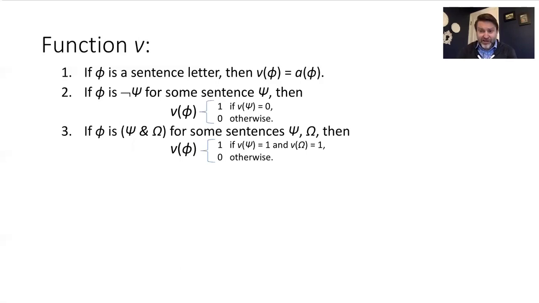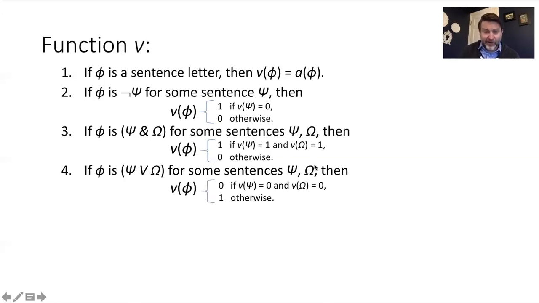So if we have a conjunction of psi and omega, we know it can only be true if each of the conjuncts is true. So the value of phi, which is the abbreviation again for psi and omega, is going to be 1 if the value of psi is 1 and the value of omega is 1. Otherwise, it's going to be 0.